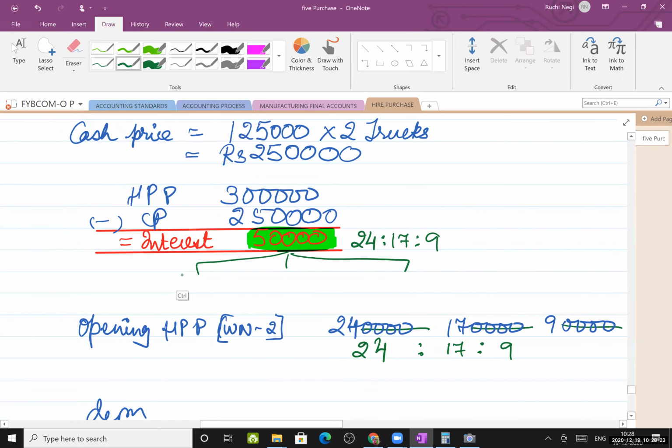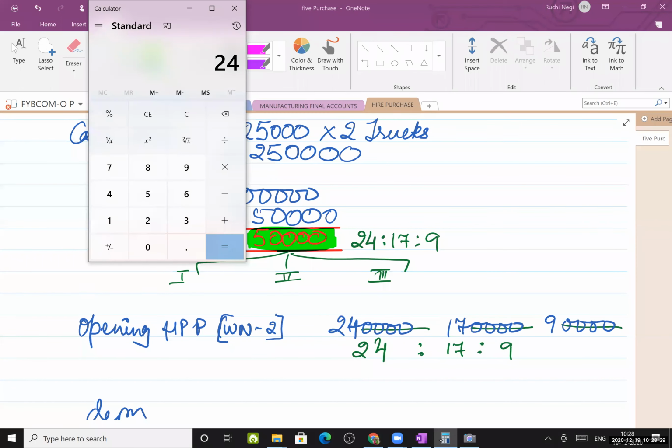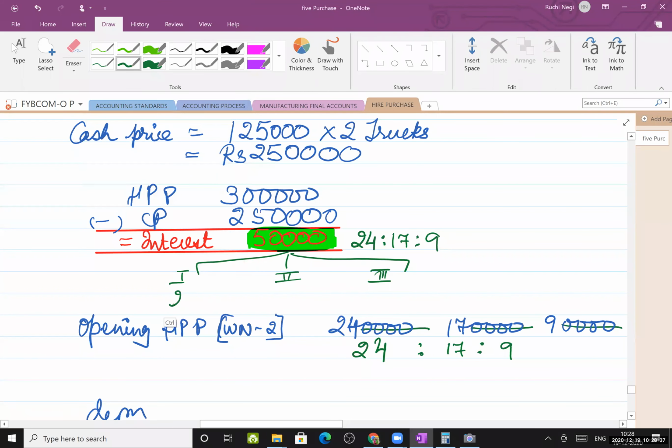So when you divide, first year, second year, and third year का interest you will get. So 50,000 into 24 divided by 50. कितना हुआ? 24,000. Okay.